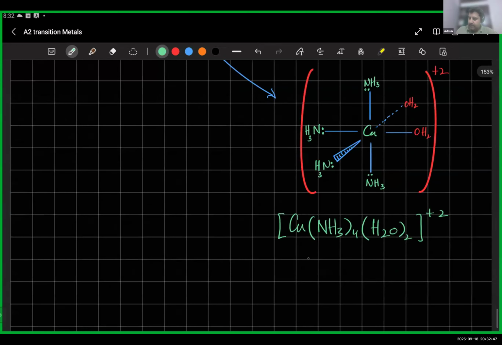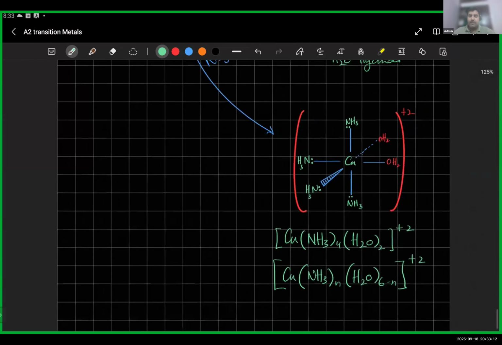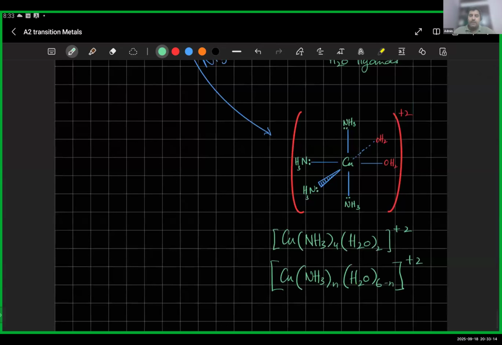Or it could be Cu(NH3)n(H2O)6-n, where NH3 could be n and water could be 6 minus n. Or maybe all of the water molecules get substituted at the end. But normally ammonia is aqueous, so there would be some water molecules that might still be hanging around. So this is what your deep blue solution is.